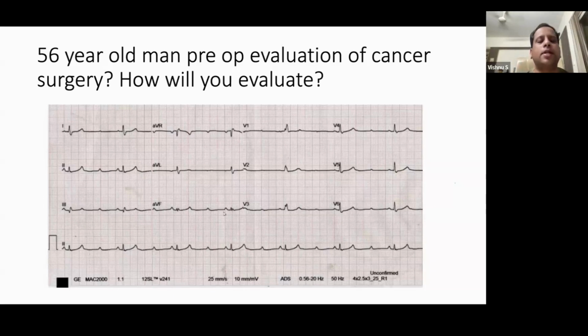Till now we have seen Mobitz type 1 second degree. So obviously, going in order, we will be seeing this one as Mobitz type 2. So what kind of arrhythmia is this? What kind of AV block?